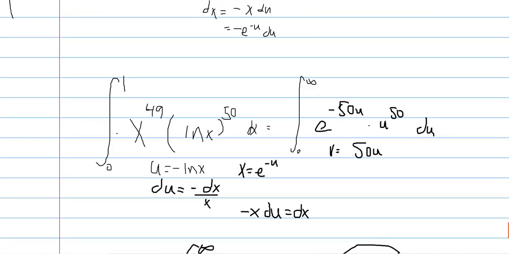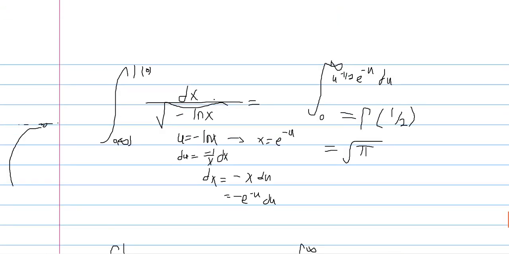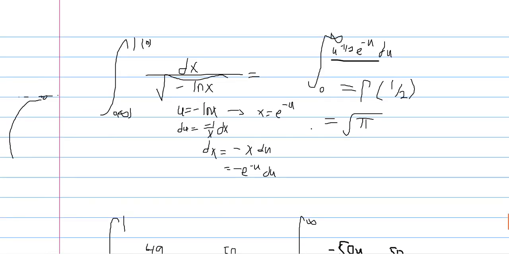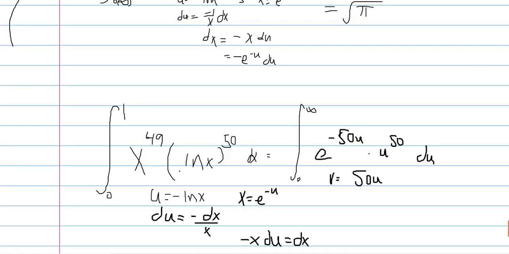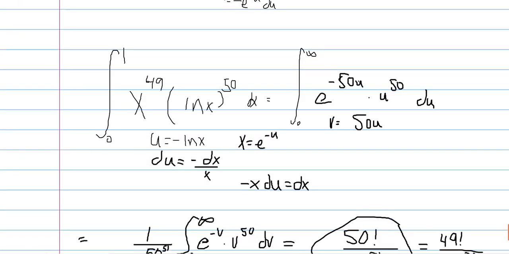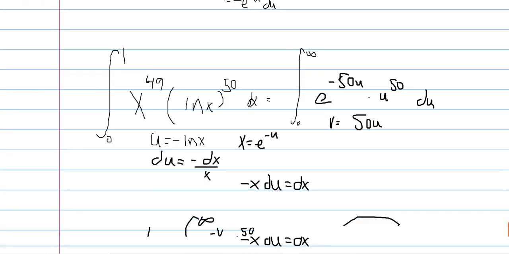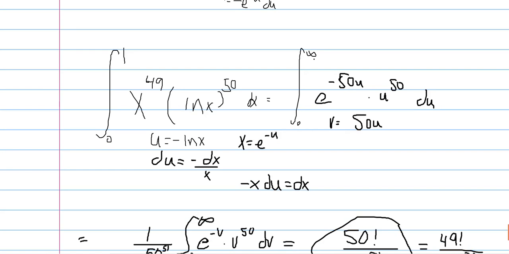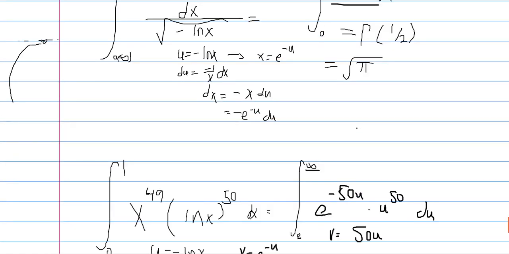But there are many tough integral problems where once you use a substitution and get it into this kind of form, you can invoke the factorial or the gamma function. Often you have to do some workarounds, like here, we had to get rid of this 50u. But you're always going to want 0 to infinity bounds for the gamma function to work. Anyway, that's it, and I'll see you in the next video.